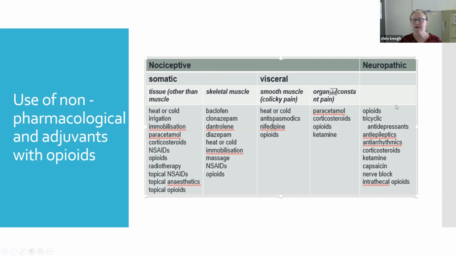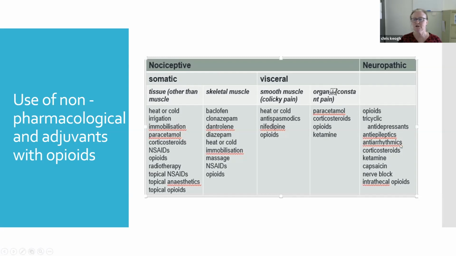Now, neuropathic pain, we often use opioids or tricyclic antidepressants, such as amitriptyline. Often now the mainstay of neuropathic pain management is gabapentin or pregabalin, so those anti-epileptics, anti-arrhythmics.